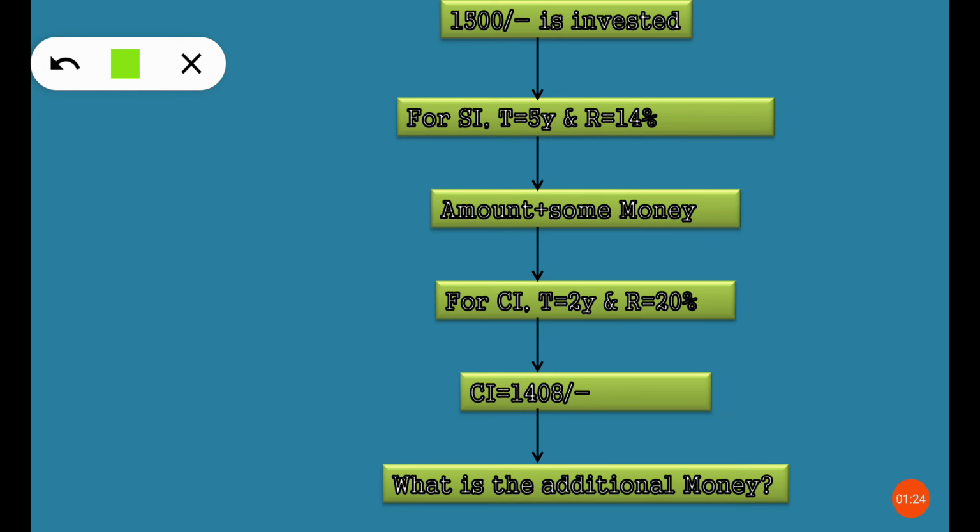After 2 years, the compound interest is 1408. What is the additional money added? They are asking for this additional money which was invested along with the amount obtained from simple interest. So let's move to how to solve this.